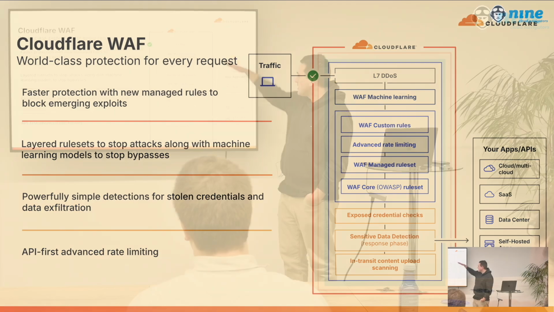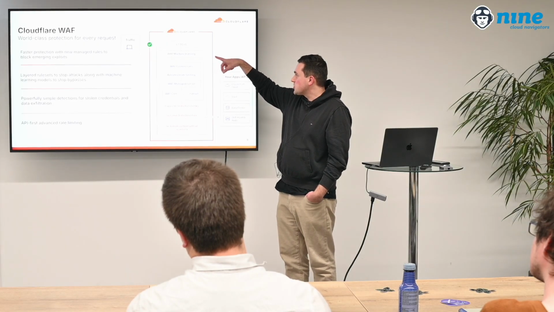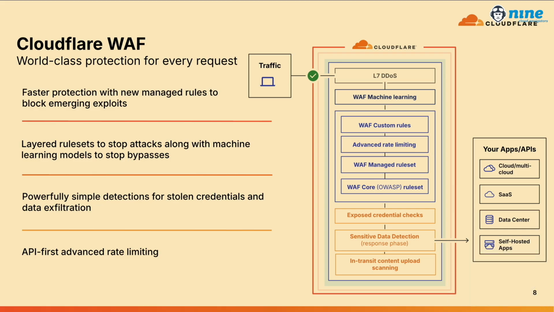And of course, there's quite a long list. We have the DDoS protection, we have a machine learning part that is in there. We have the Cloudflare managed rule set, as well as the custom rule set that you can implement, and a lot of things as well regarding exposed credential checks, etc. And in the end, your origins then sit behind this list of rules.